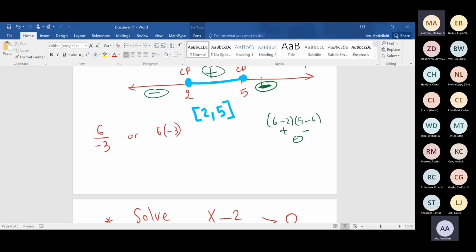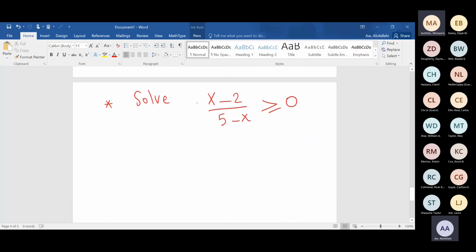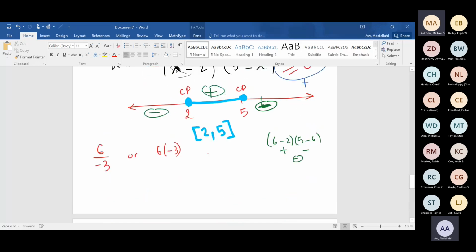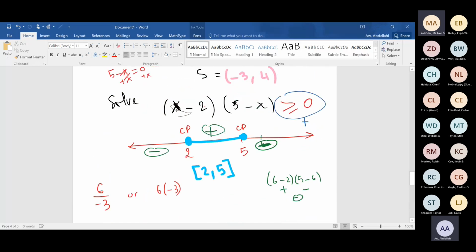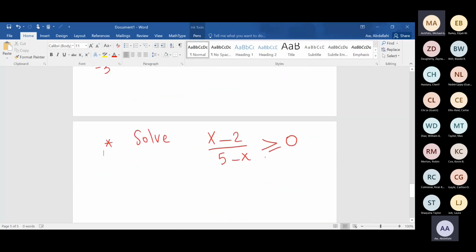Everybody agree with that? So basically what we're saying is that this expression, x minus 2 over 5 minus x, and this one, x minus 2 times 5 minus x, will have exactly the same signs, right? They will be positive in the same intervals, and negative in the same intervals.